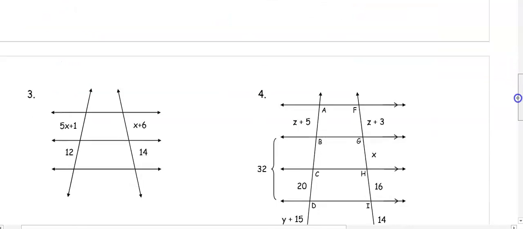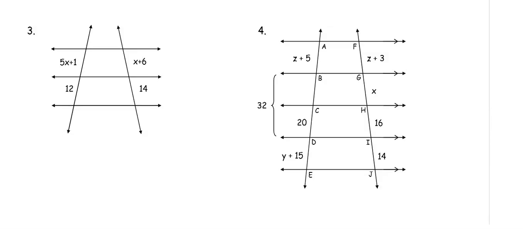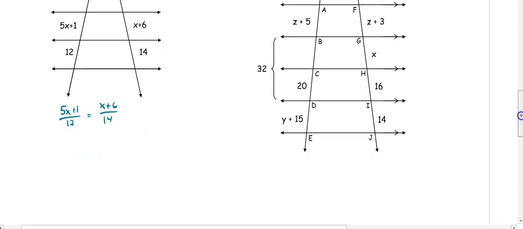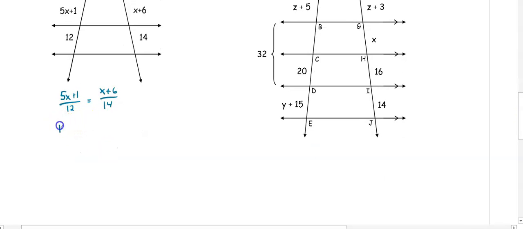So let's look at a couple examples. Number 3, we have 4 sections here, so each section that's on the same side of the transversal is going to be in a ratio together. So we have 5x plus 1 over 12 is equal to x plus 6 over 14. When we cross multiply, we would have 14 times 5x plus 1 equals 12 times x plus 6.